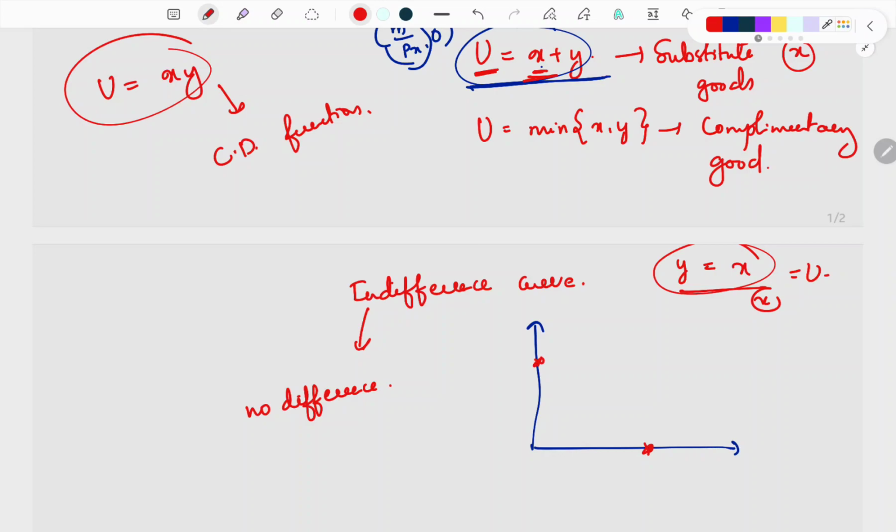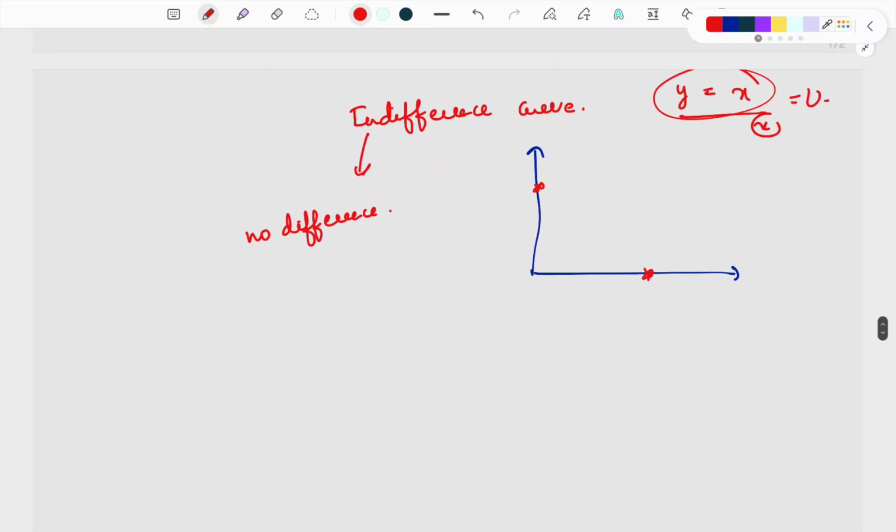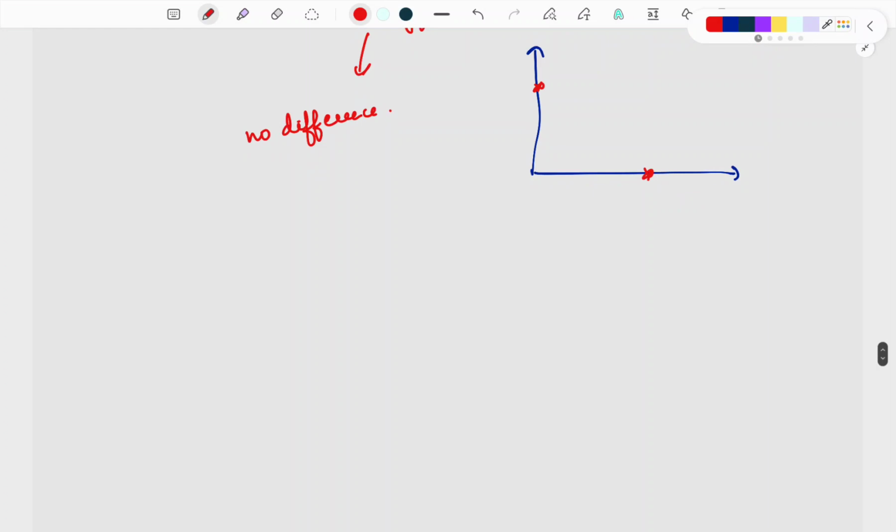After this, we can just solve the problems. There are two ways. Basically we are going to maximize one thing. What is that? We are maximizing utility, meaning satisfaction, in the given budget constraint, meaning the given amount of income.